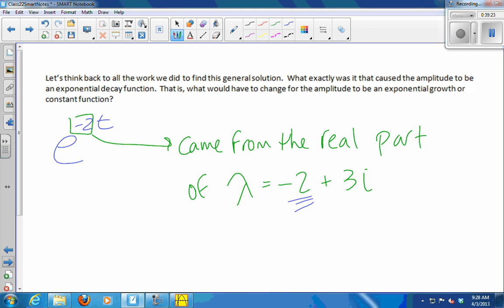Okay, just the real part. So it's the real part of lambda that determines whether or not our amplitudes decay towards 0 or grow towards infinity. And what if the real part were 0? The amplitude would do nothing, right? And I would just have circles around the origin that don't grow or decay, they just cycle.